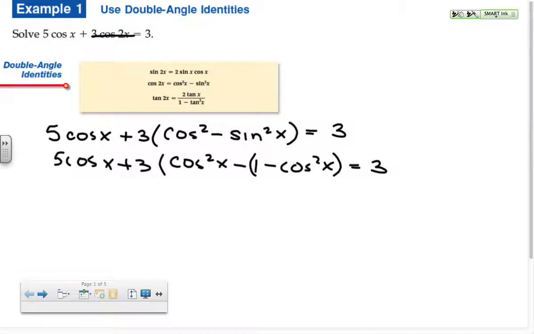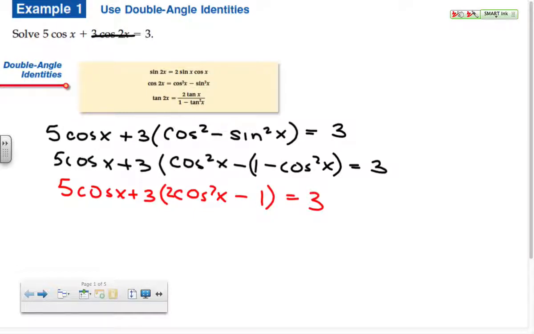Now I'm going to simplify. I'm going to simplify all in one step. I hope that doesn't confuse a lot of you. 5 cosine x plus 3. I guess I'll do it in 2 steps. So we have 2 cosine squared x minus 1, because minus minus is plus, equals 3.